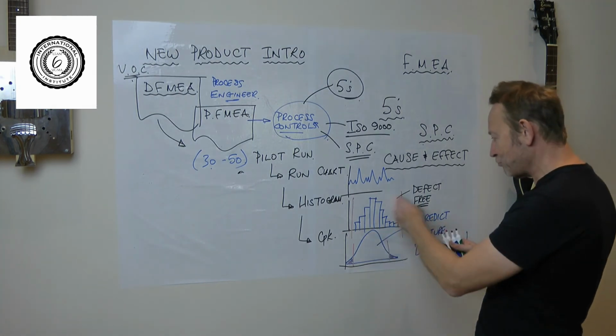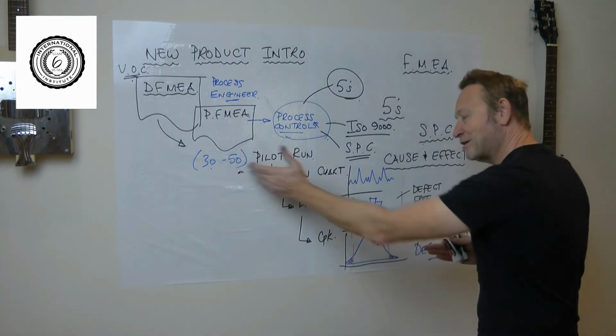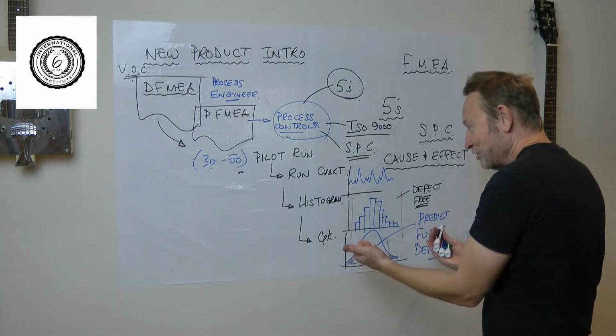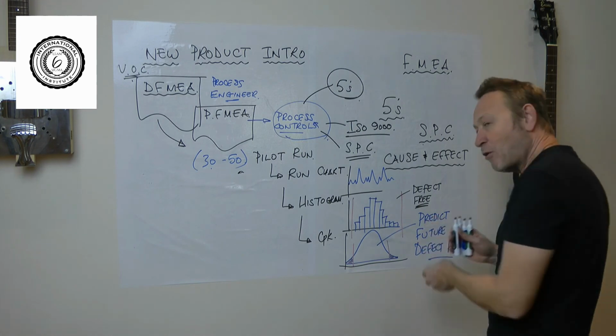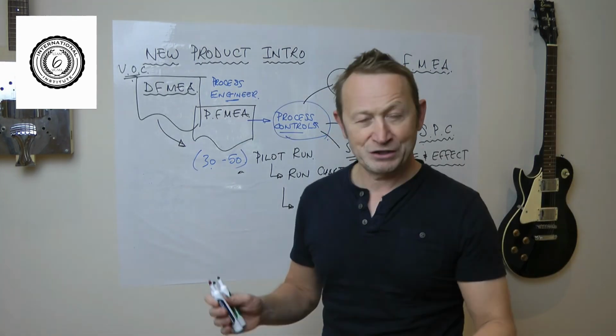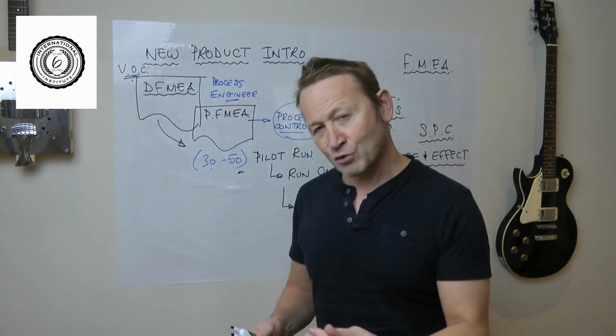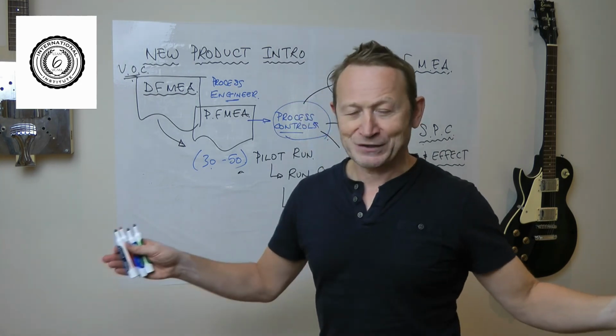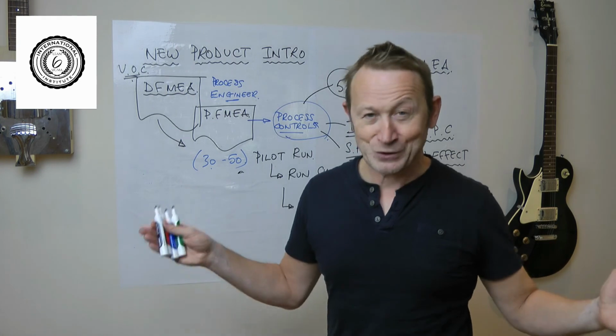This is going to predict results you didn't capture in your pilot run. It's going to say there's more extreme results out there. So it's going to stop you from blundering into a situation where you thought the process was going to be fantastic. You switch it on, it makes piles of defects, and now you're in chaos.